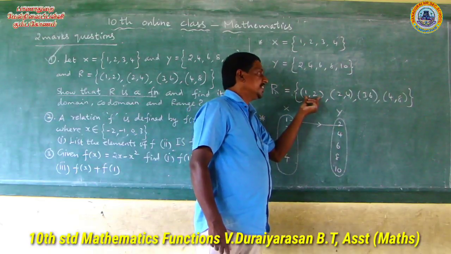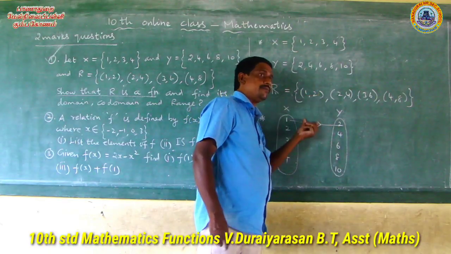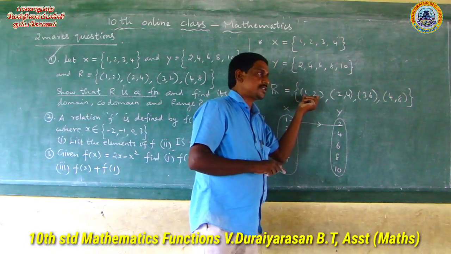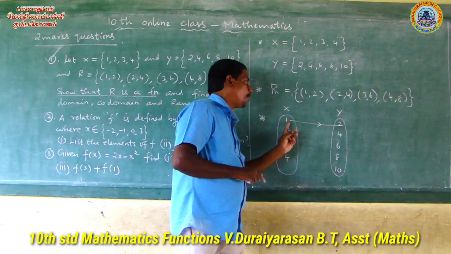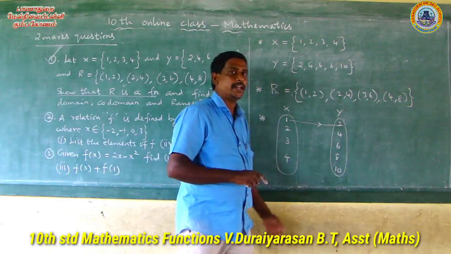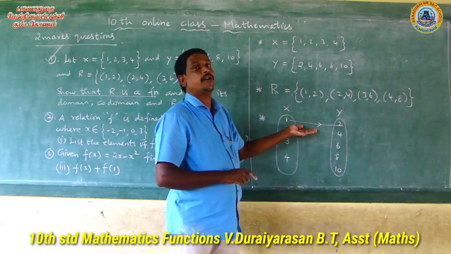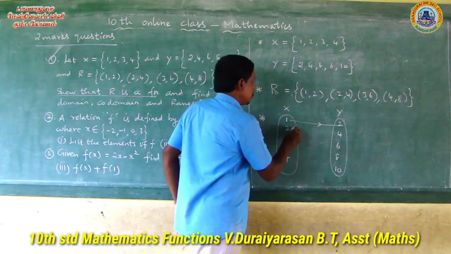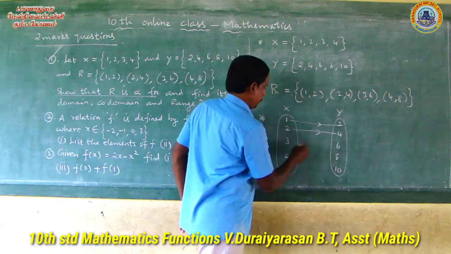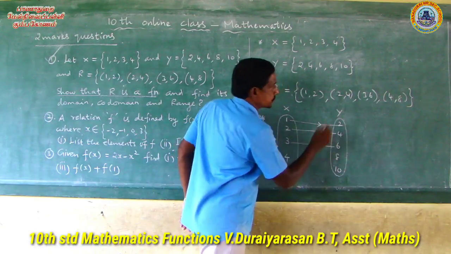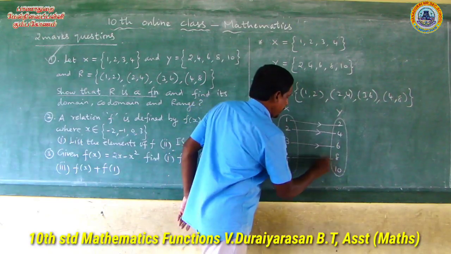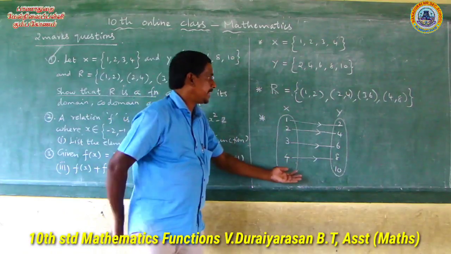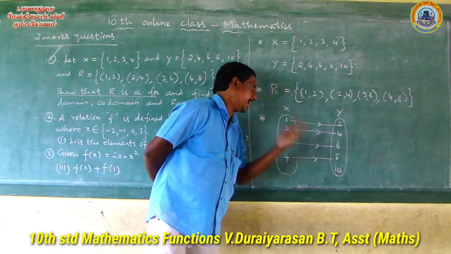These 2 are the same. So (1, 2) means a set of ordered pairs. The arrow diagram, where domain is connected with codomain, is also known as an arrow diagram. Both are the same: 1 to 2, 2 to 4, 3 to 6, 4 to 8. First, draw the arrow diagram.